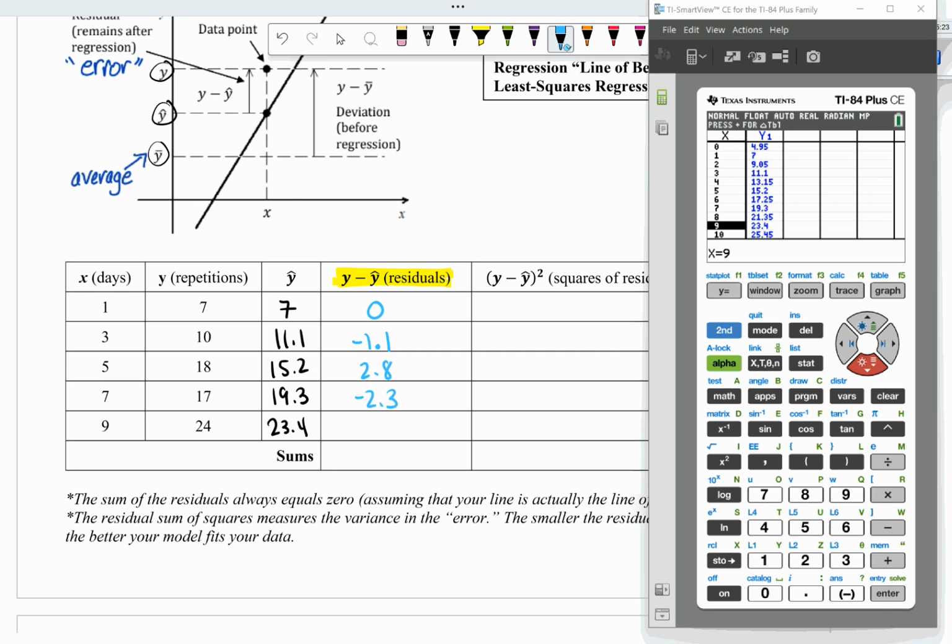Negative 2.3, 0.6. And then we're going to add the sum of these. And when we do, we end up getting 0. So we can also look at the squares of the residuals. So y minus y hat squared.